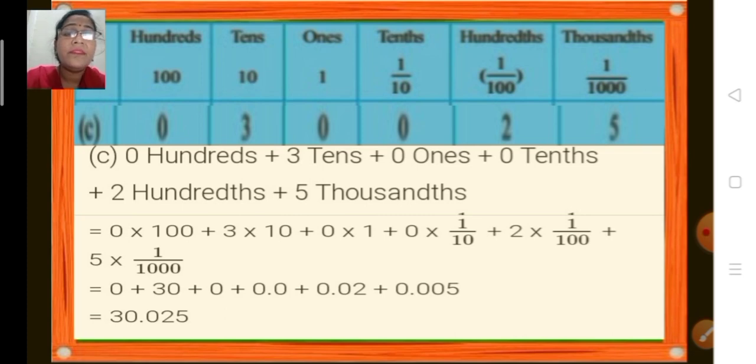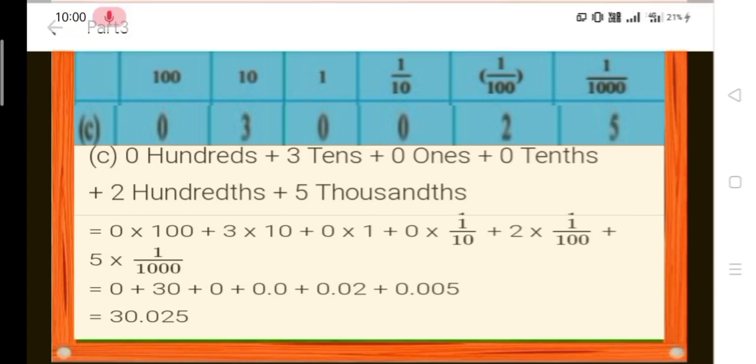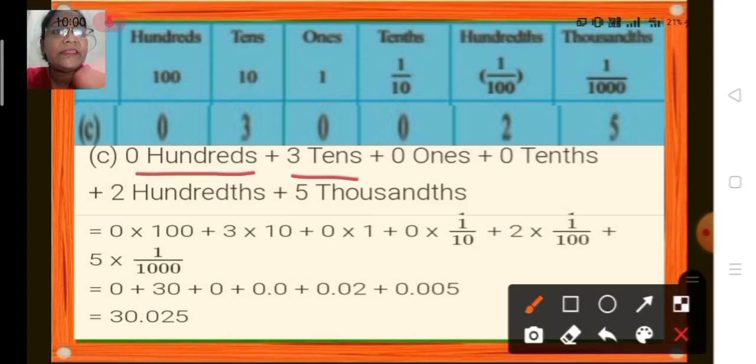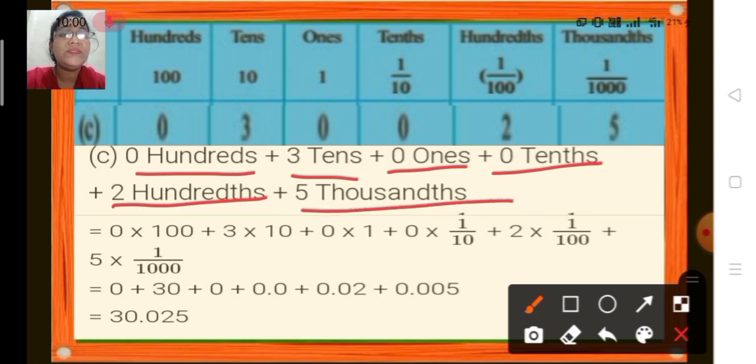Children, in this what is given to us is 0 hundredths, 3 tenths plus 0 ones, 0 tenths, 2 hundredths and 5 thousandths.